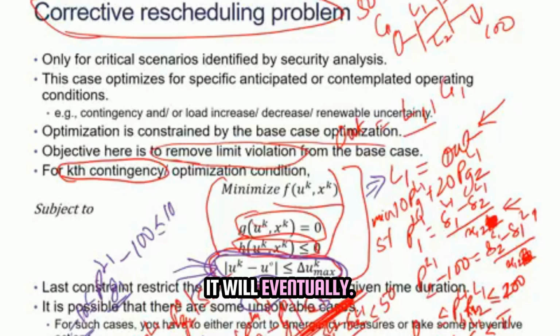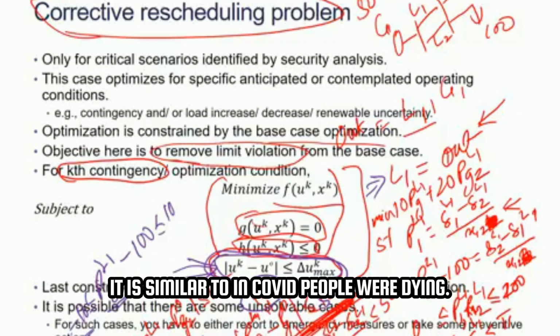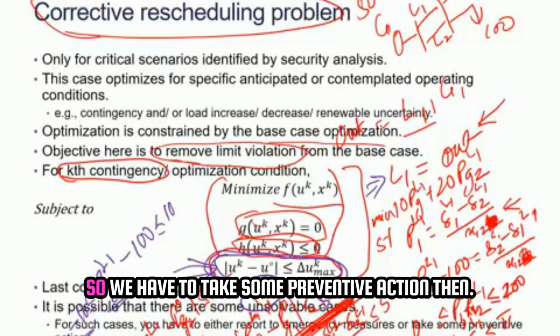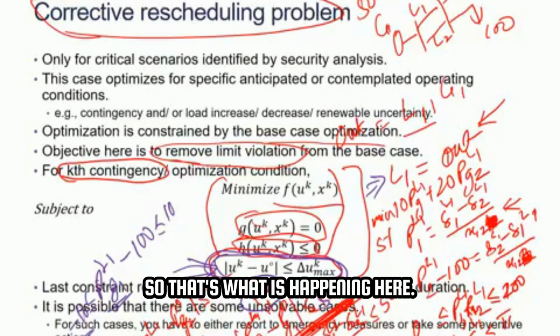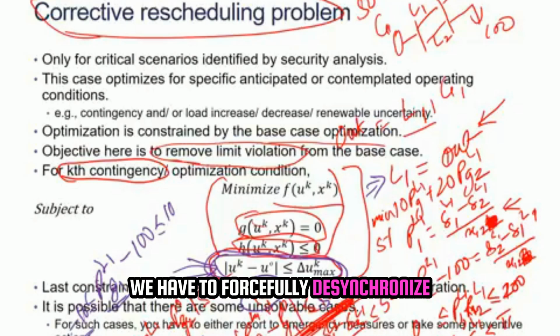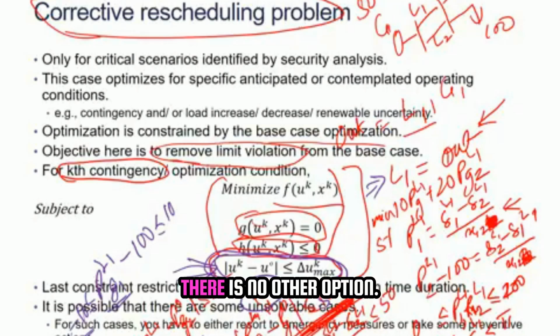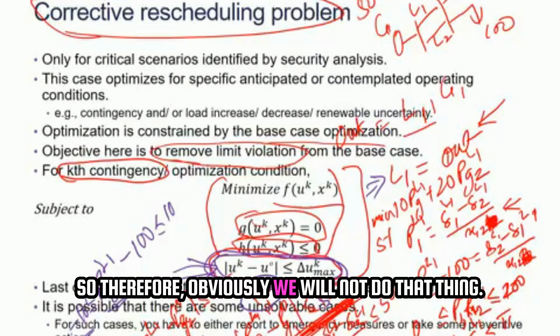What will happen? Eventually we have to force the system to blackout or load shedding. It is similar to COVID, when people were dying, so we had to take some preventive action then. That's what is happening here, because the system will die out, because we cannot run the generator. We have to forcefully desynchronize and shut down the generator. There is no other option, so obviously we will not do that.